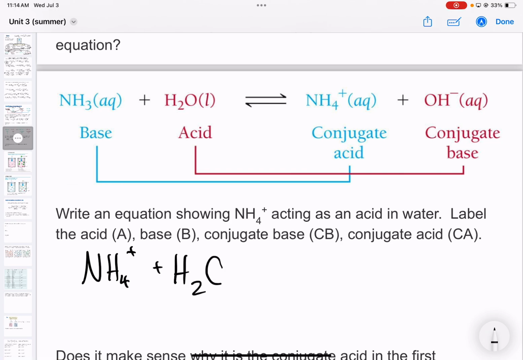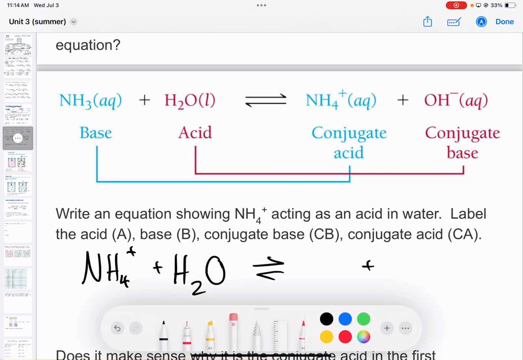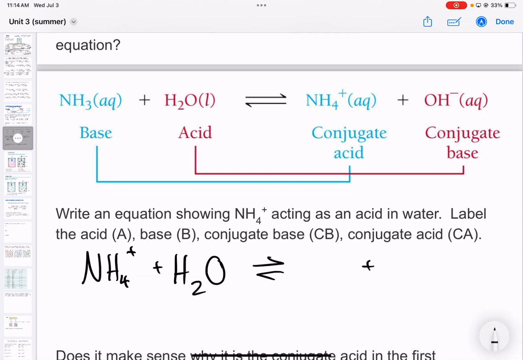If you had NH4 in water, it would produce H3O plus, because it's acting as an acid, we said, and NH3. So it is acting as an acid over here. If it were to go the opposite way, it would be acting as a base.